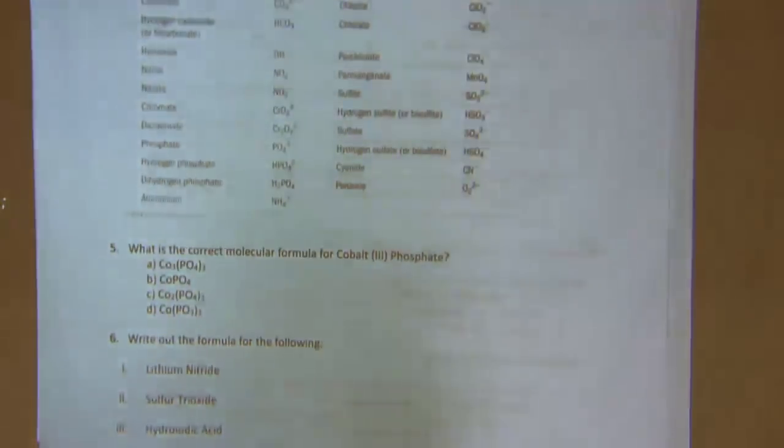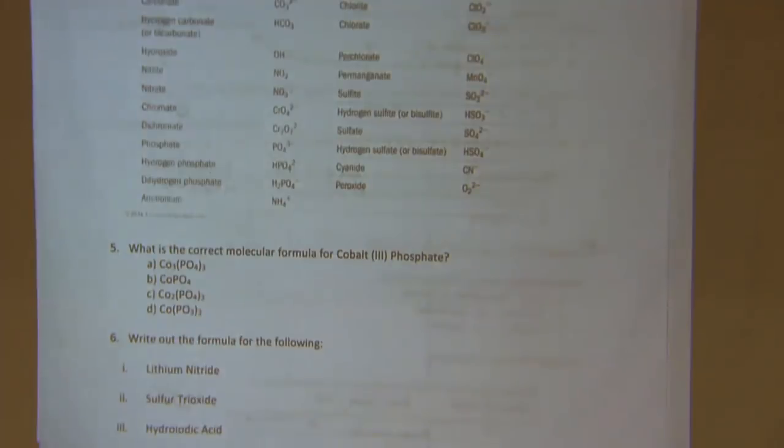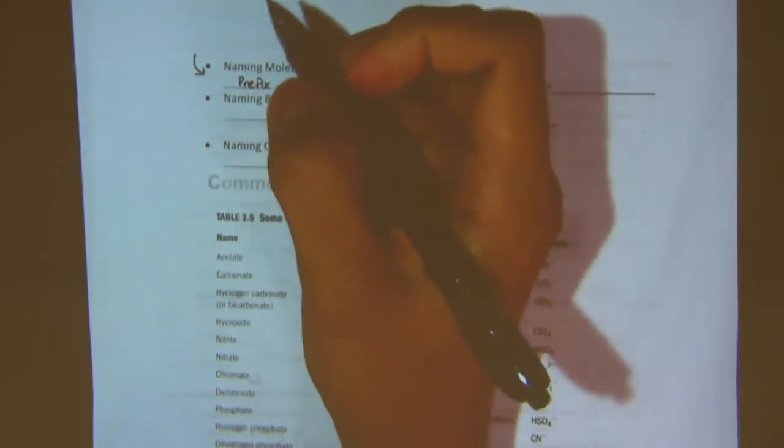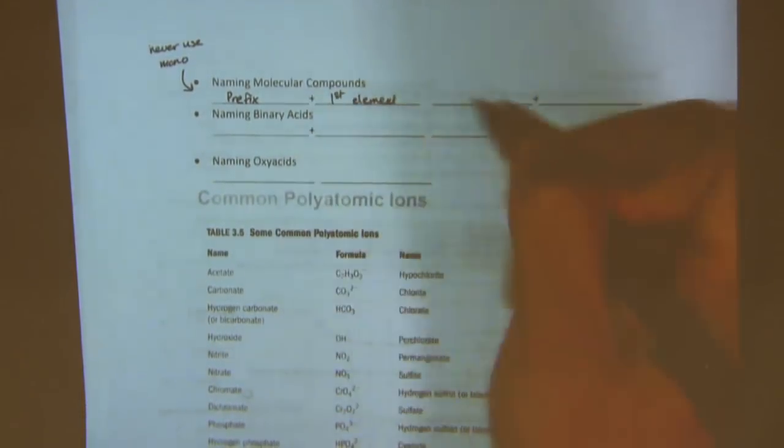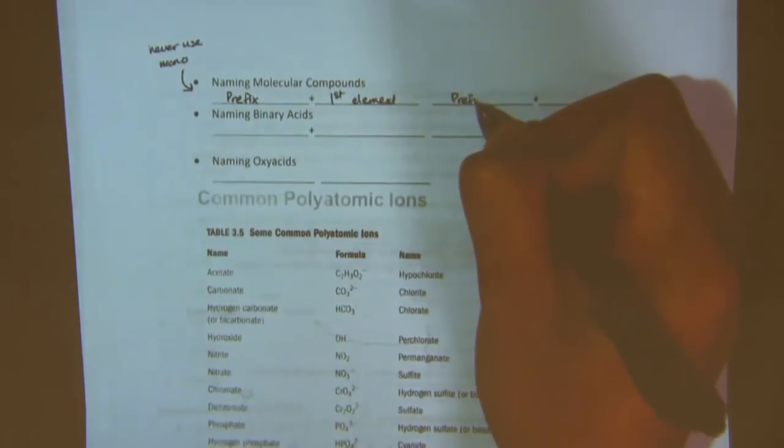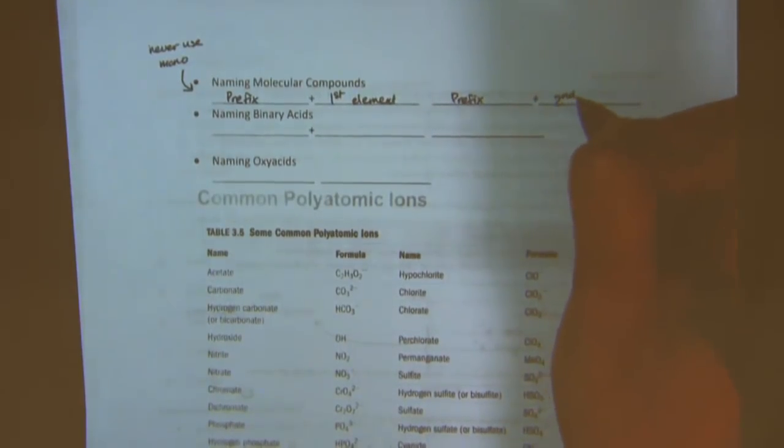So moving on, we're going to name molecular compounds. These ones should have a prefix on them. The only exception is when the first element has a 1. We never use mono. We just state the first element, followed by the prefix for the second element, which gets replaced with an ide.